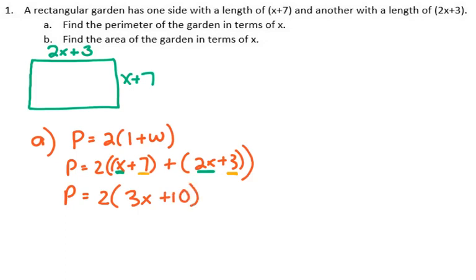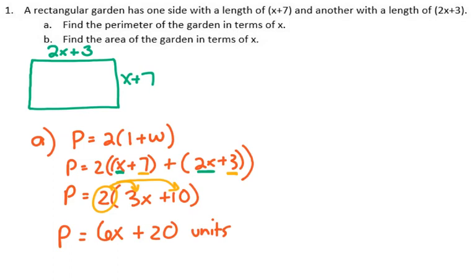Now I'm not quite done yet because I can distribute my 2 through my binomial and get a final solution of my perimeter is equal to 6x plus 20. Now, because this is going to be a perimeter, I can just label it as units if I wanted to.